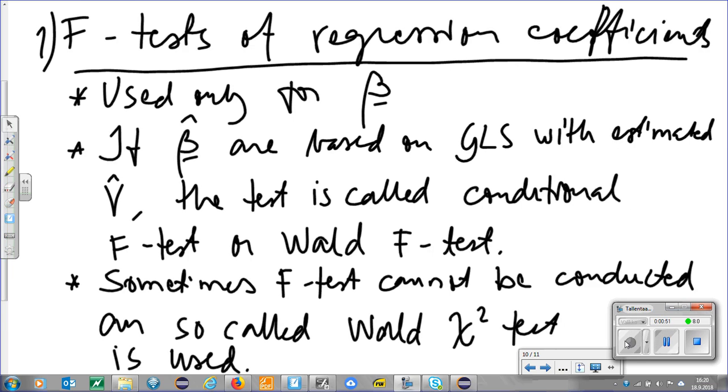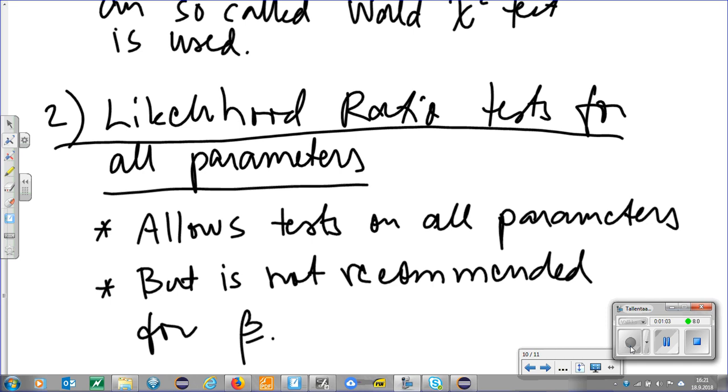Sometimes we have a situation where this F-test cannot be conducted, and in that situation we could use the so-called Wald chi-square test instead. And these likelihood ratio tests, as I said, allow tests for all parameters, but they are not recommended to be used for tests about regression coefficients beta.